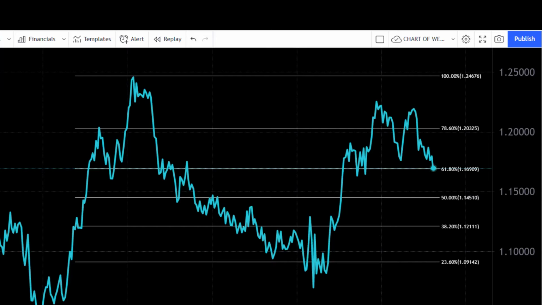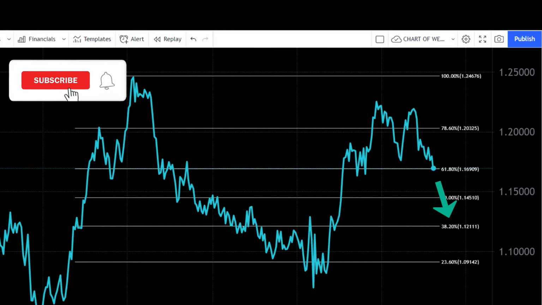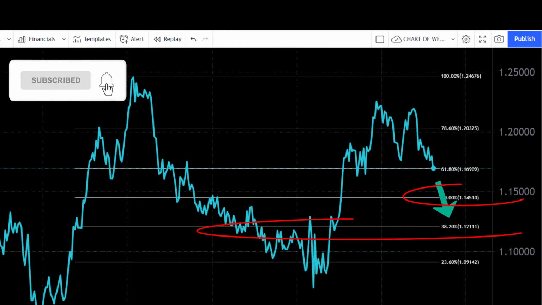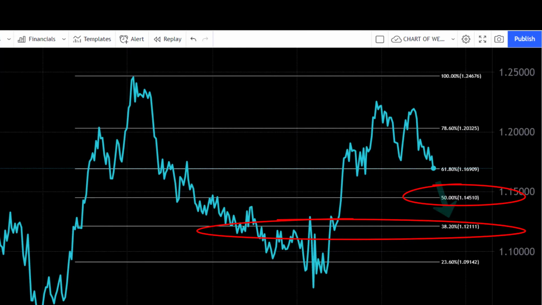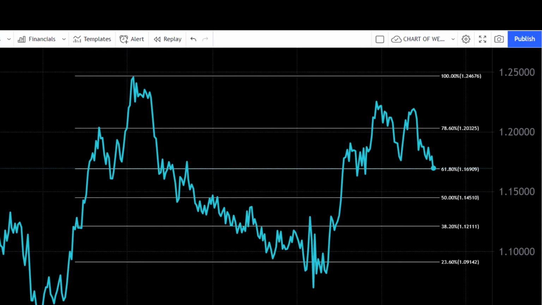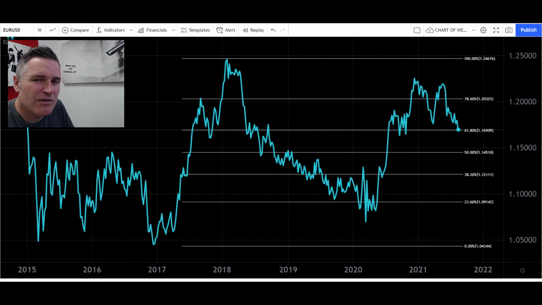Now that double top that we can see forming over 21 and the late part of 20 could signify a further fall in the price, around to that, or even below that 50% line at 1.145 down to the 1.12, where again there's a lot of noise history in that price range. So currently not looking great for the euro against the US dollar.